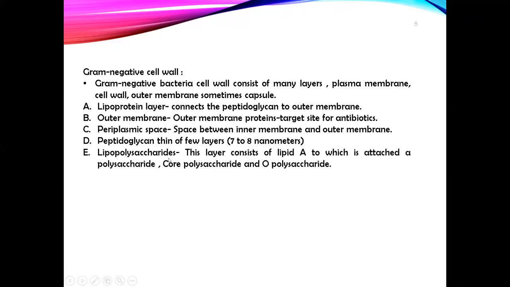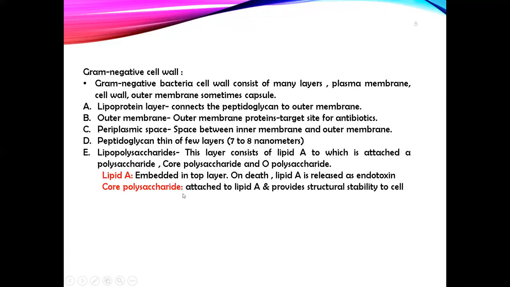And the lipopolysaccharide layer, what does it consist of? It consists of lipid A, which is attached to core polysaccharide and O polysaccharide. Lipid A is embedded in the top layer. On death, lipid A is released as an endotoxin.